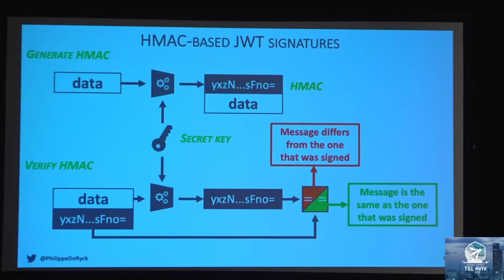However, the moment you're building or sharing tokens with other applications or other services, this becomes a problem. Because if you generate a token and I want to verify it, I'm going to need your secret. Will you give your secret to me? Probably not. You're not supposed to either, because I'm very untrustworthy.